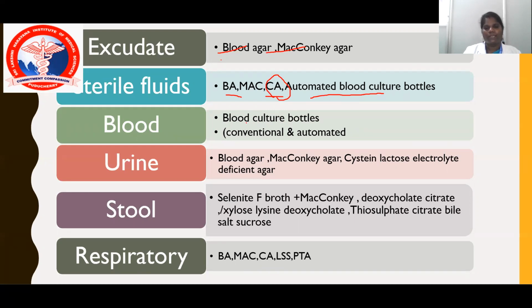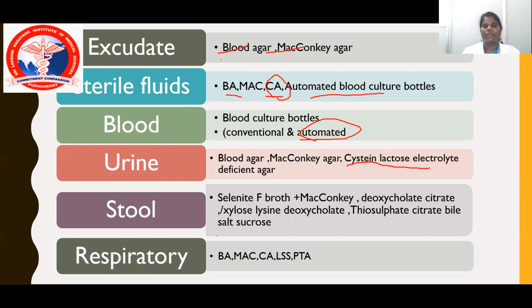If it has only a liquid part, that is monophasic. If it has both liquid and solid, that is biphasic. And we have automated systems that can also be used for blood culture.